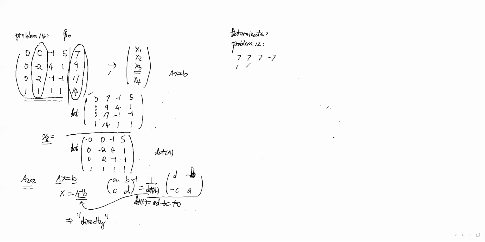This is 1, 0, 0, 1. This is 0, 3, 1, 1, negative 2, 1, negative 2, 1.